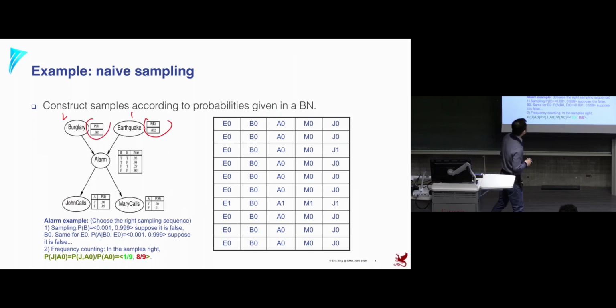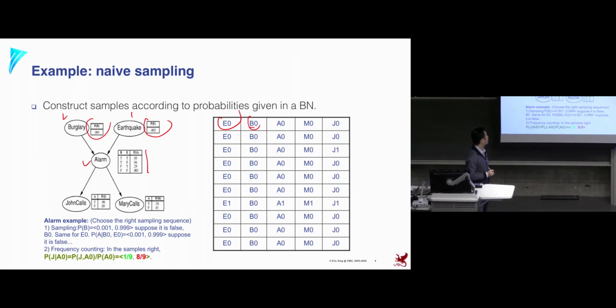Here you can see that there is a low probability of earthquake, 0.002. You draw a sample, and you get an instance of no earthquake. For the second random variable, burglary, it's also low probability. You draw a sample which reflects that probability. Then given that E and B are now instantiated, you can condition on them and draw the sample for alarm, which uses this table.